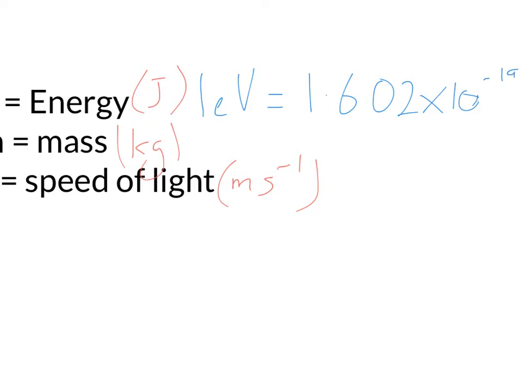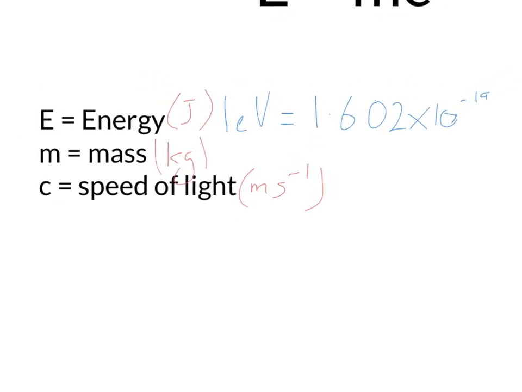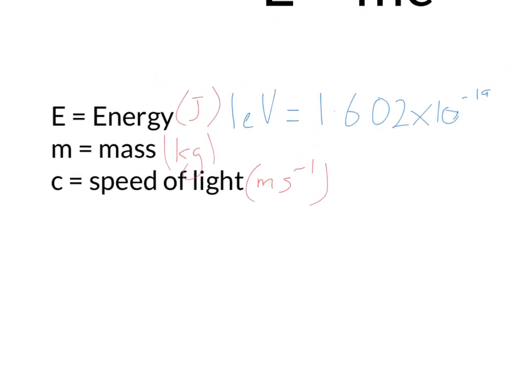And for kilograms, instead of being given kilogram, you might be given the atomic mass unit. So again, it's important to remember 1 atomic mass unit is equal to 1.6605 by 10 to the power of minus 27 kilograms.